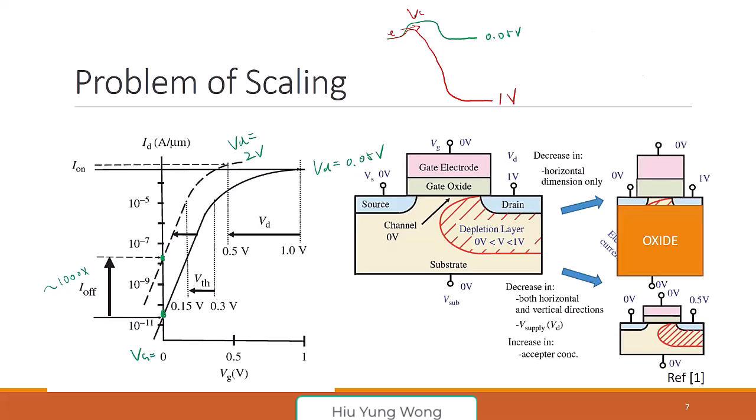Both of them have VG equal to 0 volt. Okay? Any questions? And that red line is the VD of 1 volt? VD equal to 1 volt, VD equal to 0.05 volt, right? Because this is source, this is drain, and this is gate. Make sense? Yep, thanks. Great, okay.